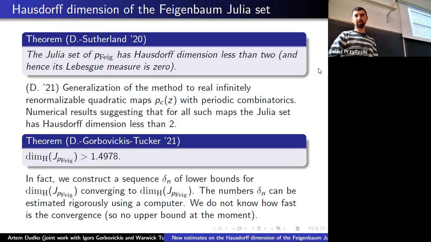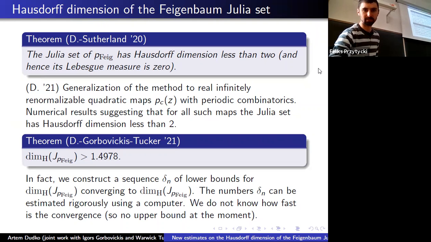So we cannot obtain, using the sequence, an estimate from above. If we knew that the rate of convergence, for instance, is exponential, something like alpha times gamma to the power n, then we could use this to obtain an estimate from above. But for now, unfortunately, this is only an estimate from below.